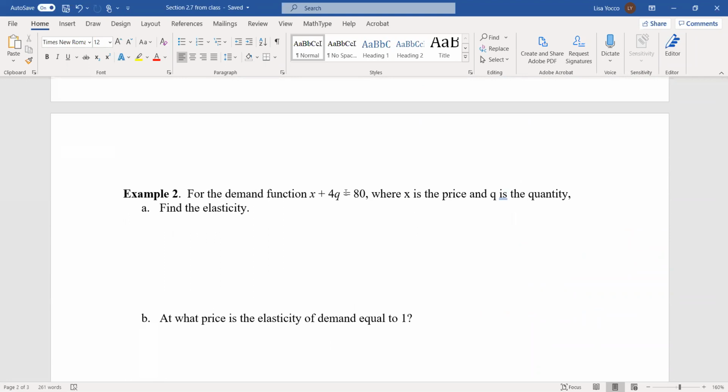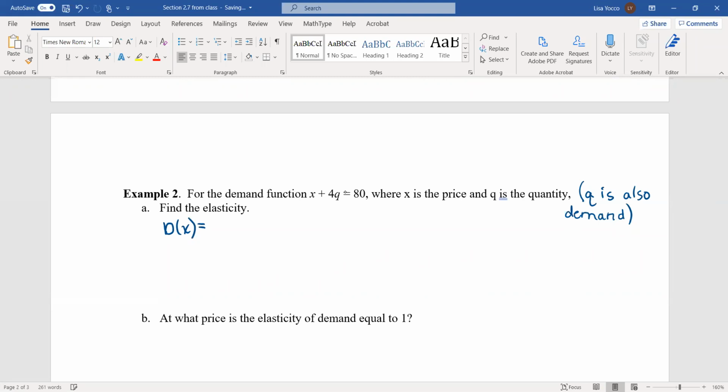For the demand function that's given, x is the price and Q is the quantity. We want to find the elasticity. Q is also the demand, so we can say D of x.